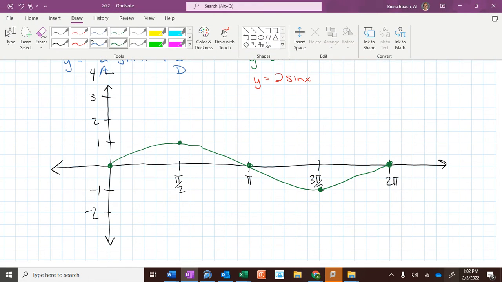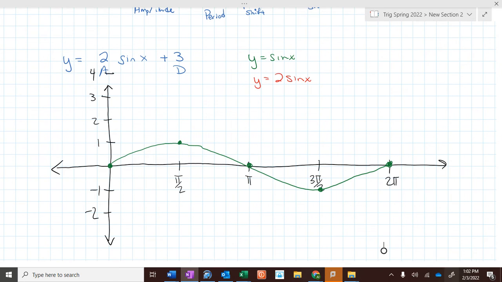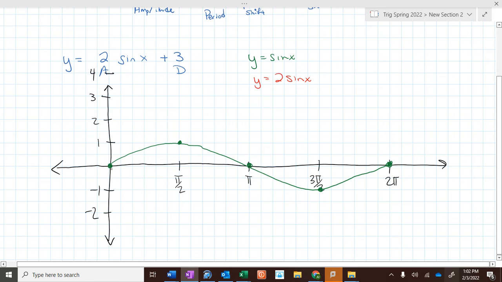Then I'll do the red graph. Y equals 2 sine of x. What should 2 sine of x look like? Well, it's 2 times the sine of x. The sine of x is my y value here. So what's 2 times 0? 0. What's 2 times 1? 2. What's 2 times 0? Boy, I don't hear many responses. What's 2 times 0? 0.